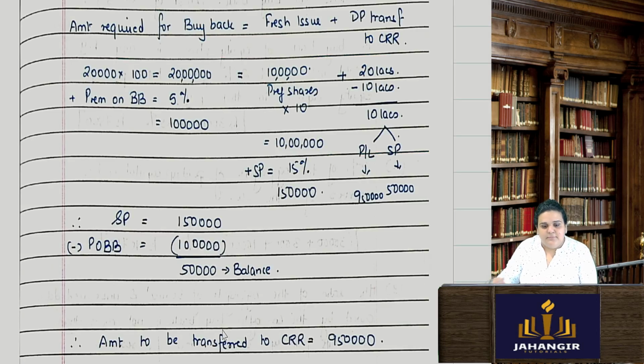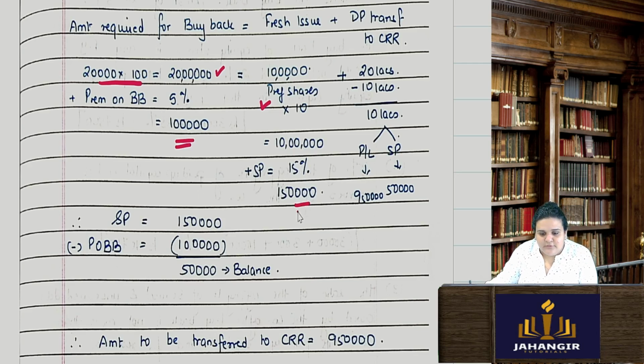Simple. Again, the same equation. Amount required for buyback is fresh issue plus DP transferred to CRR. 20,000 shares of rupees 100 each, 20 lakhs, plus premium on buyback is 5%. That means 1 lakh I have to give on premium. Fresh issue they are doing is 1 lakh preference shares of rupees 10 each, plus securities premium account, I'll get premium on my fresh issue at 15%.